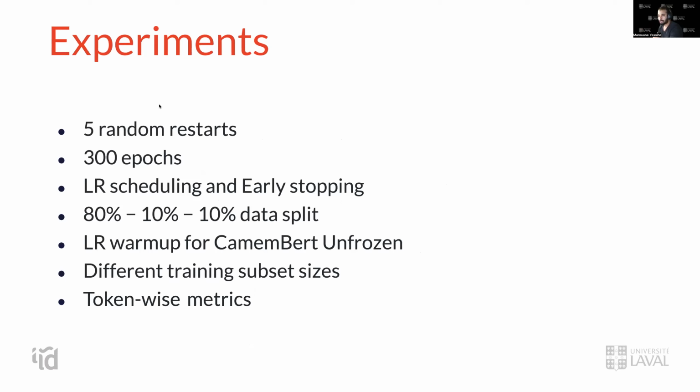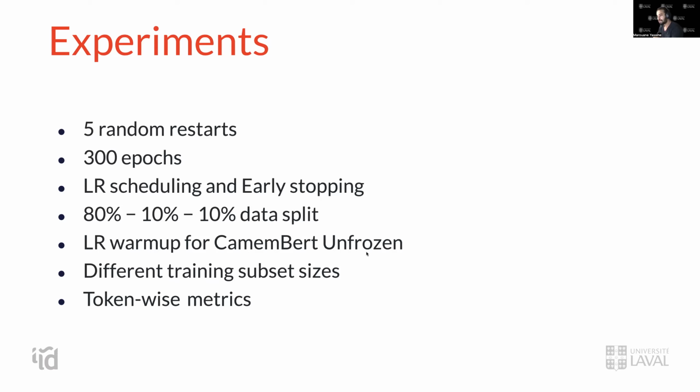When it comes to experimental setup, it's quite regular for a deep learning project. We have 5 random restarts, 5 random models that we train for each architecture, 300 epochs with learning rate scheduling and early stopping, and a regular 80-10-10% data split.